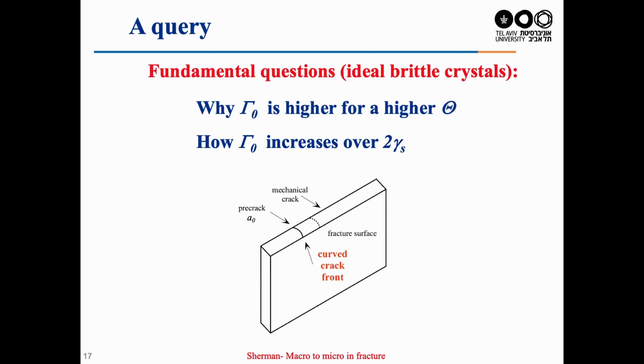Let's first see the problem. This is half of the specimen. We have pre-crack A naught. The crack is propagating along this area. This is very important, curved crack front. Also, the mechanical crack, due to the mechanical loading, is curved. Its curvature can be changed during crack propagation in order to increase the energy.